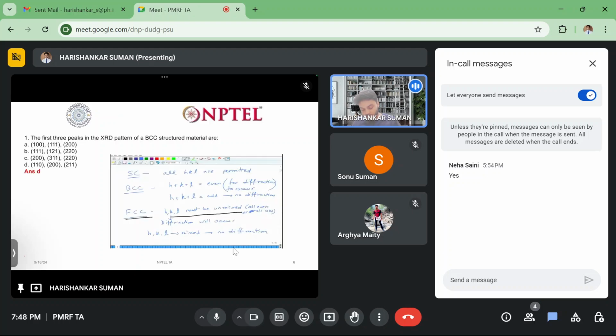BCC crystal we have discussed. For simple cubic all HKL are permitted, but for BCC H plus K plus L should be even. If odd, there is no diffraction. If even, there is diffraction. So these conditions come from the structure factor.